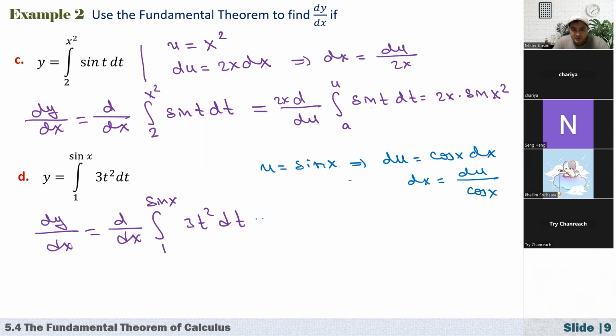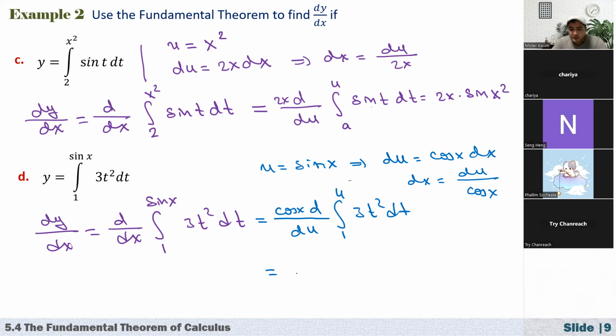So now if I just substitute here, what do we have? Here we have d, and here we have dx. What is dx? du over cosine of x. So I need to write cosine of x at the top. So here we have cosine of x, du, and d of the integral from 1 to u of 3t squared dt, right?